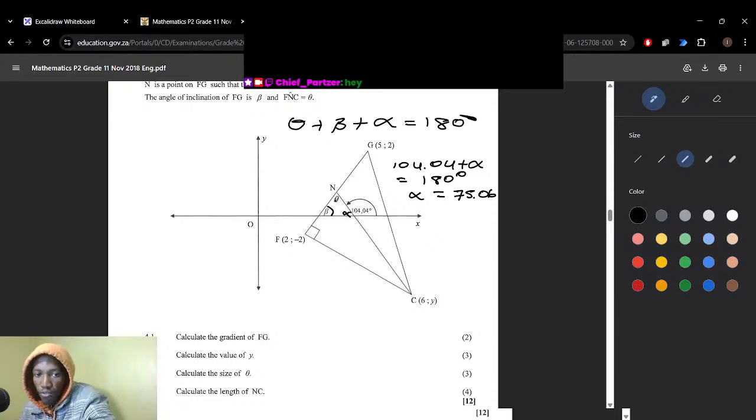So the sum of beta, theta, and alpha is equal to 180. Since we know beta and alpha, we can therefore calculate theta. So theta becomes 180 minus the sum of beta and alpha.